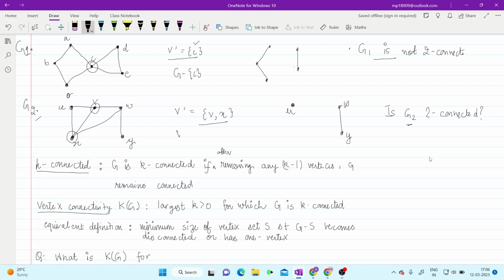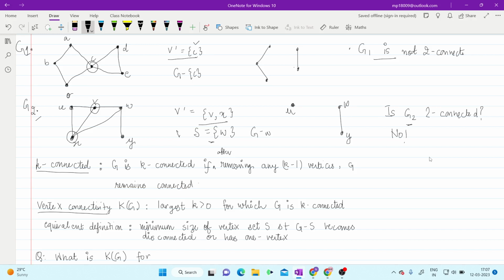So see, if we are just removing U, then the graph remains connected. That's true. But what about W? If I take my vertex set to be W, then is G minus W connected? No, it is not 2-connected. Therefore we see that G2 is also not 2-connected, because if we are saying G2 is 2-connected, then we have to check for every vertex.